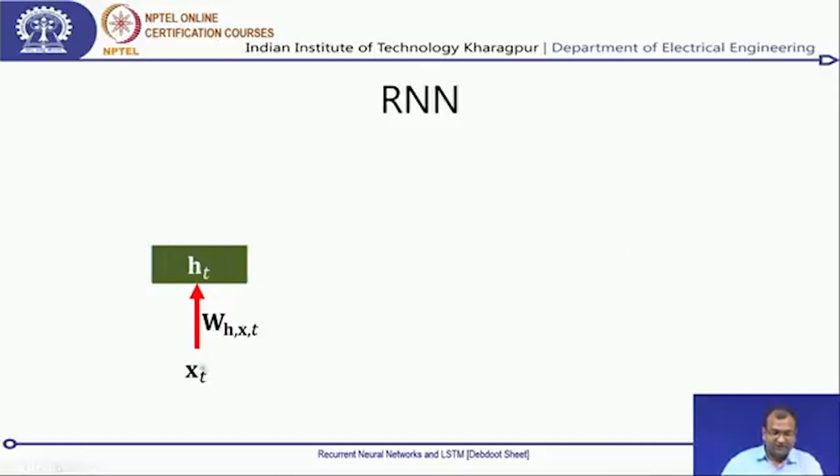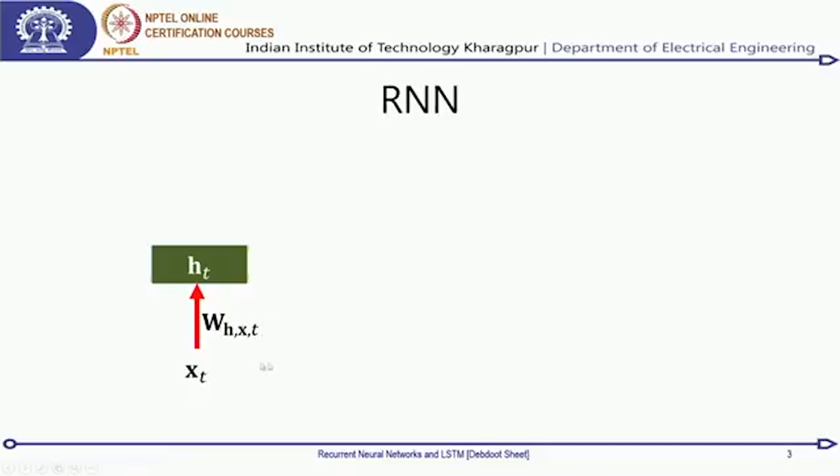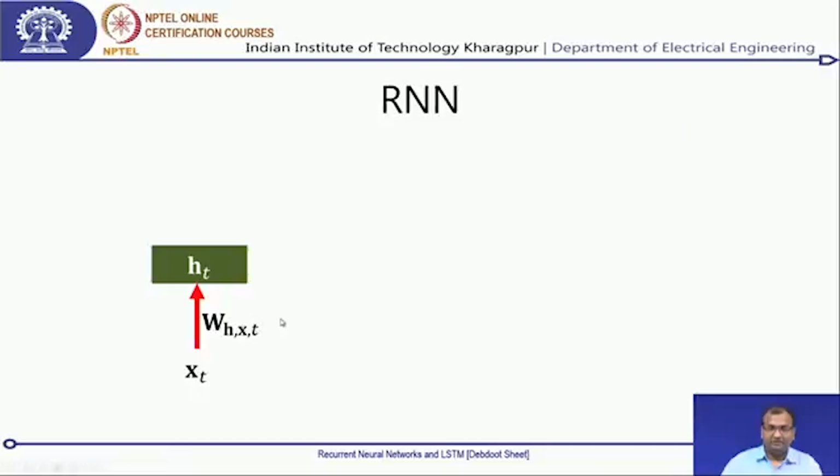HT will always be related to XT via this weight, WHXT. If you see here, this weight relates H, it also relates X, and it also relates T. So, the weight at a particular time instant also needs to change. That's another interesting aspect you will have to keep in mind. This T is quite specific here.